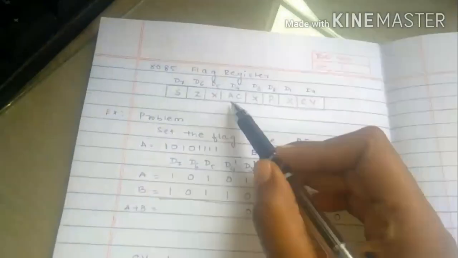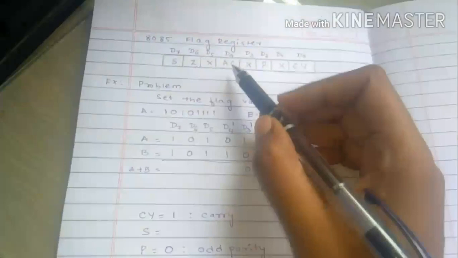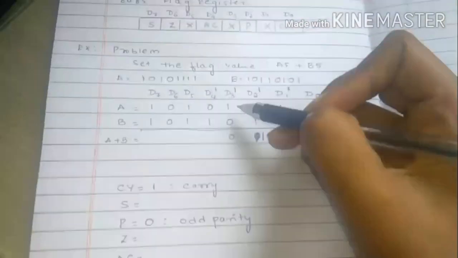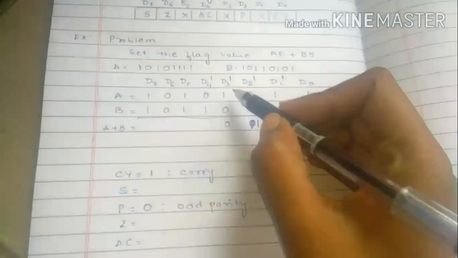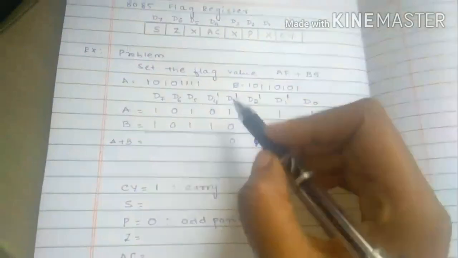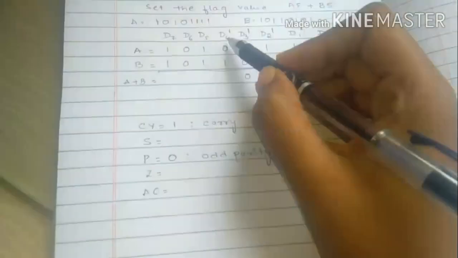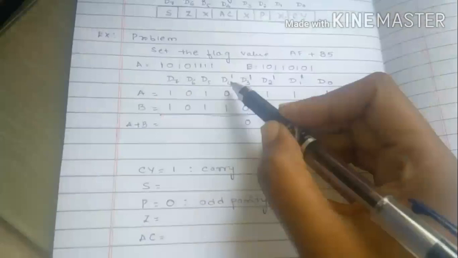So now I should be able to calculate my AC value. What does AC value mean? If we are generating any carry in D3 and it is passed to D4, then the AC value will be set. So now from D3, I'm going to pass the carry value to D4.